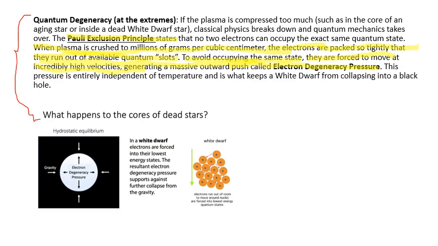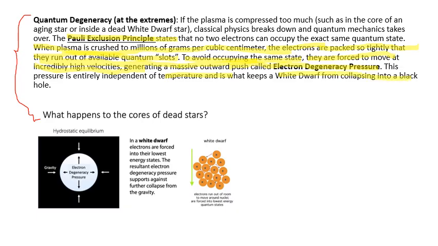It is the same with these electrons, because they are being compressed, they start to move very fast, and actually temperature is a result of the greater kinetic motion of the constituent particles. Therefore, this electron degeneracy pressure takes charge, and this pressure is entirely independent of temperature, and this is what keeps a white dwarf from collapsing into a black hole.